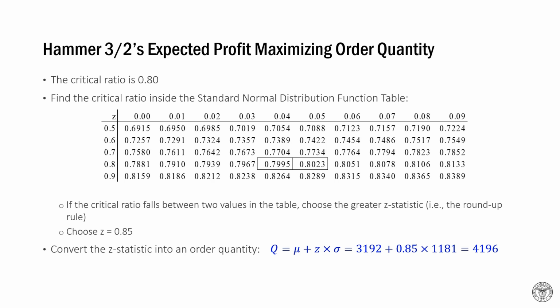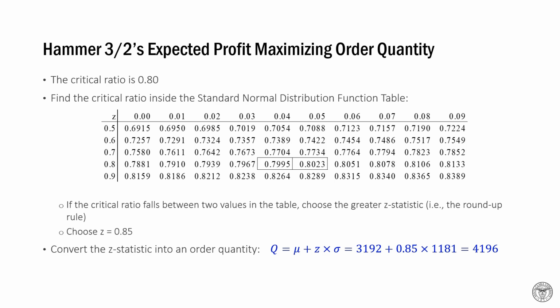Substituting our values for the Hammer 3/2 case, we get Q equals 3,192 plus 0.85 times 1,181. This gives us an order quantity of approximately 4,196.